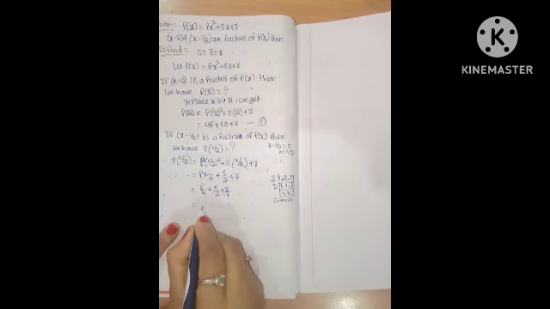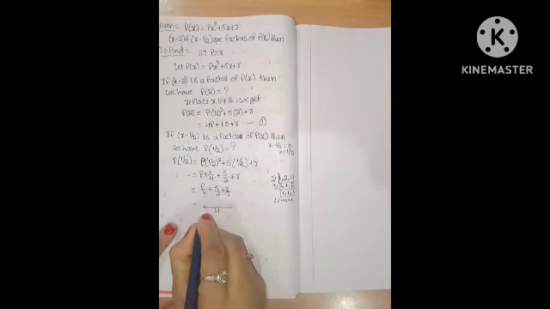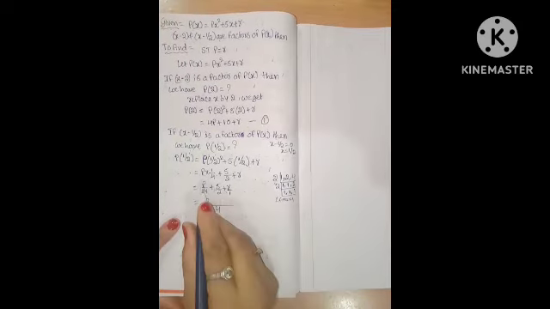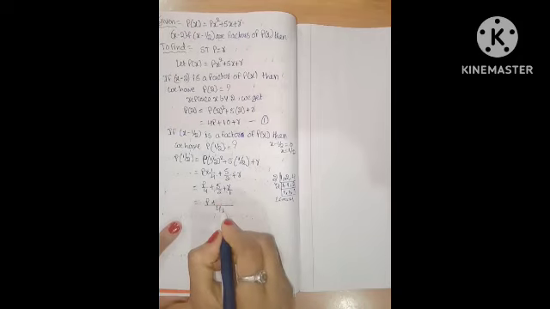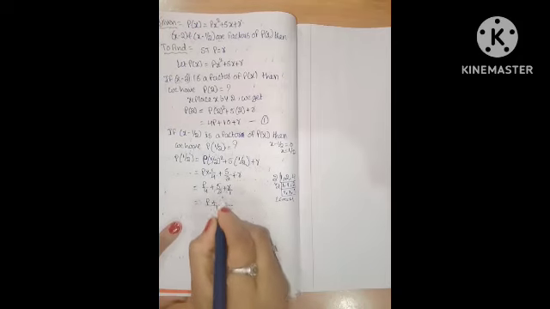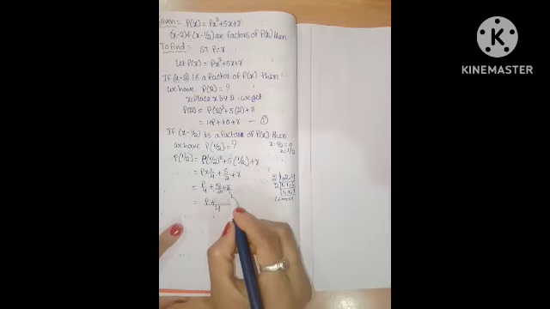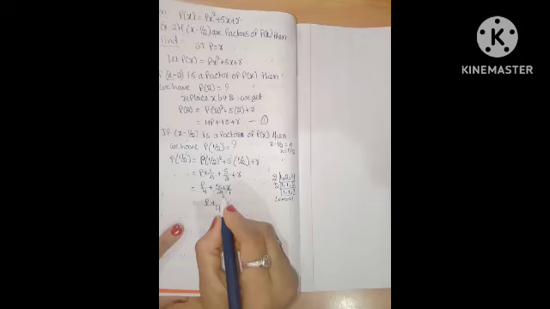Here it is 4. Take the LCM equal to 4, and P as it is, write it. Why? Because the denominators are the same, so the numerator is written as it is. The next fraction does not have an equivalent denominator, so first we convert it into the equivalent denominator.